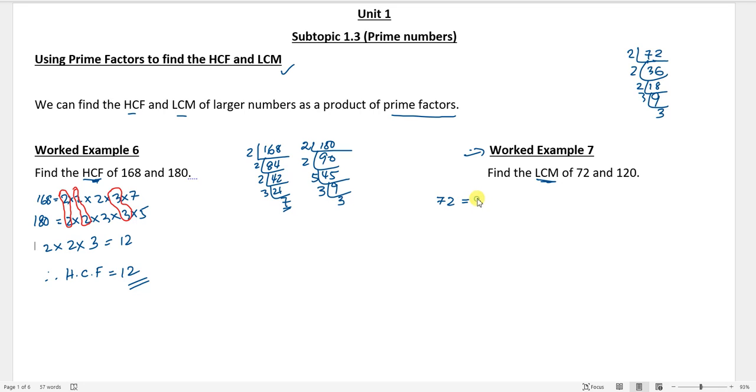So we have 2 times 2 times 2 times 3 times 3. Then 120 divided by 2, we have 60, divided by 2, we have 30, divided by 2, we have 15, divided by 3, we have 5. So we have 2 times 2 times 2 times 3 times 5.